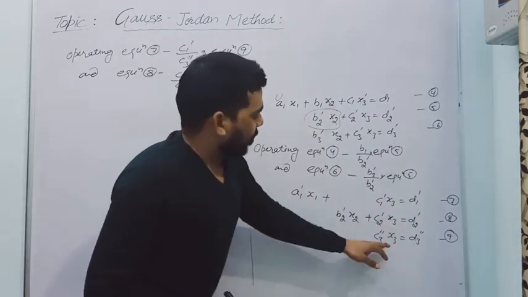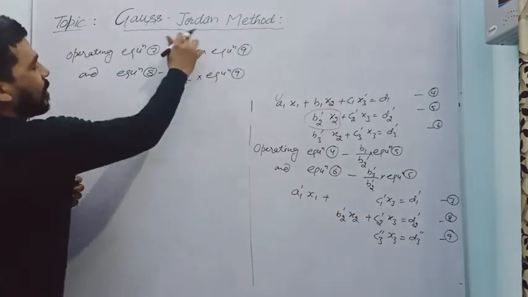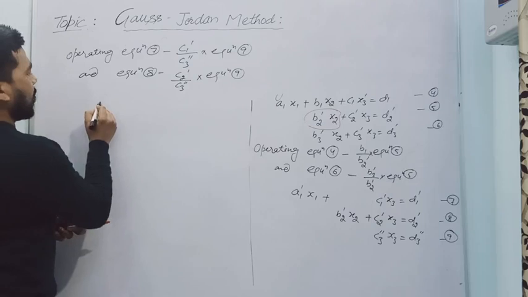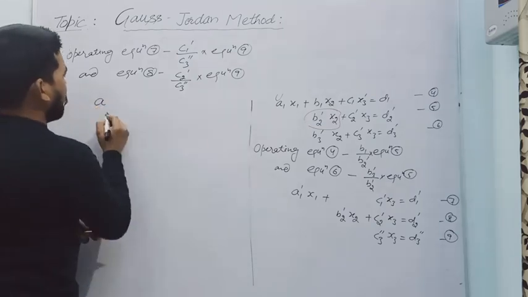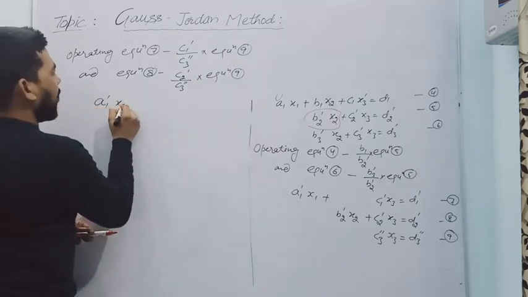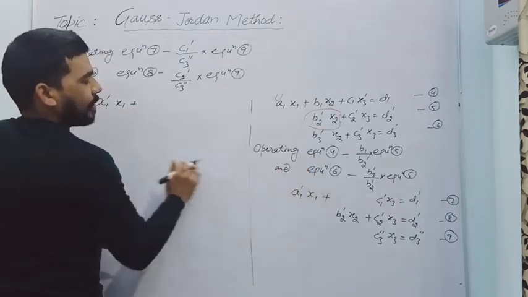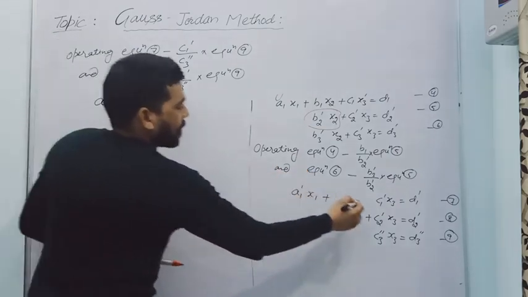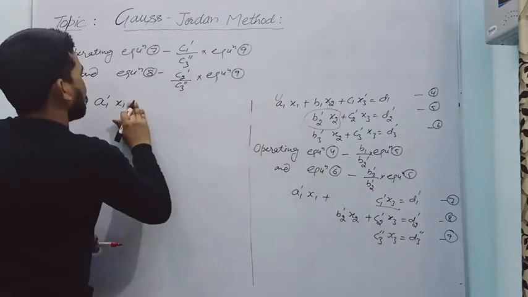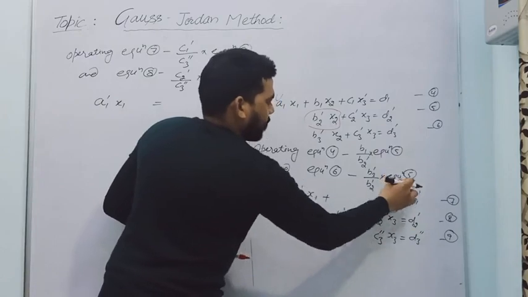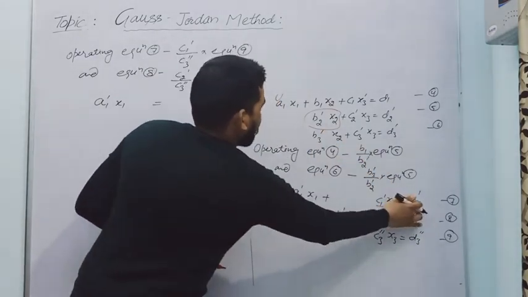Okay, so after applying this operation, our equation 7 becomes, suppose, a1 dash x1 plus, this term will be eliminated so no need to write, and is equal to some term minus this term. Multiple of this one, so this becomes some new number.